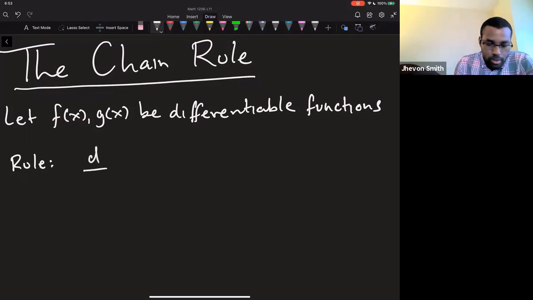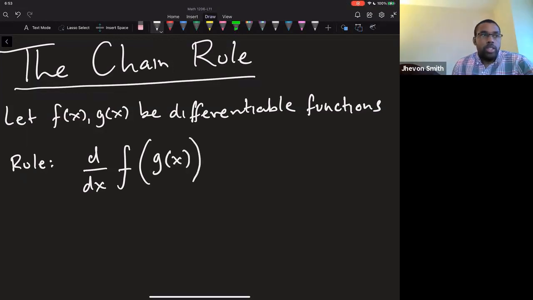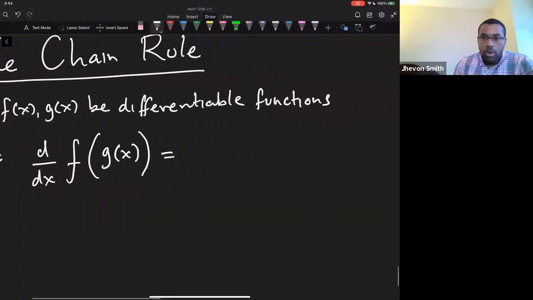The derivative of f composed with g. So you take a function and you plug it inside another function, right? How do you actually differentiate that? Well, here's what the chain rule says you would do.